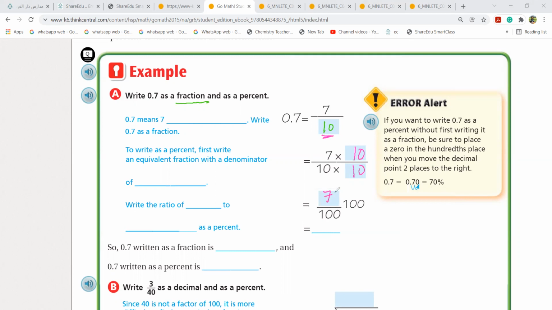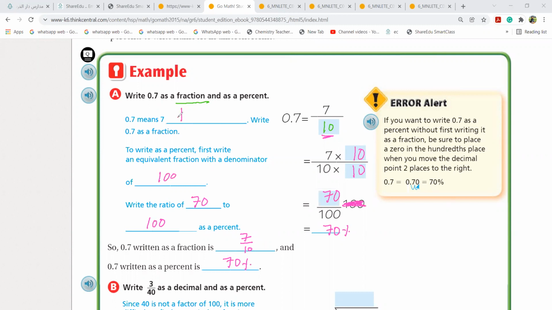So I got 70 over 100. That is nothing but 70%. It's called 70%. Okay. So 0.7 can be written as 7 over 10 as a fraction, and 70% as a percent, which is the ratio of 70 to 100.